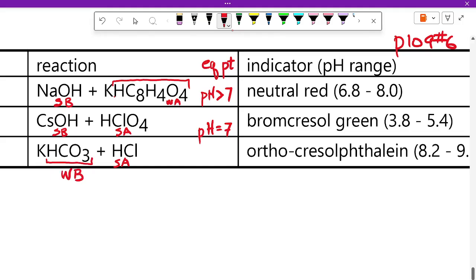The K is just a spectator, yeah? And so the equivalence point of this will be at pH less than 7.